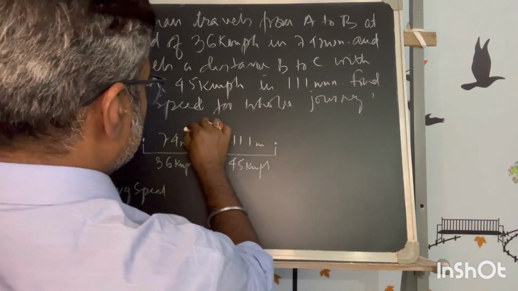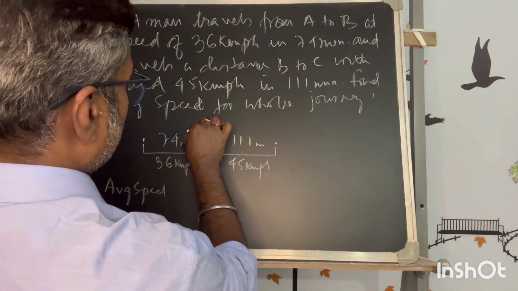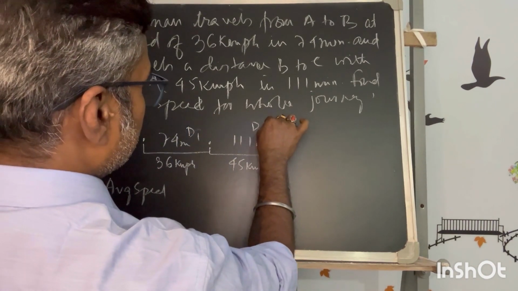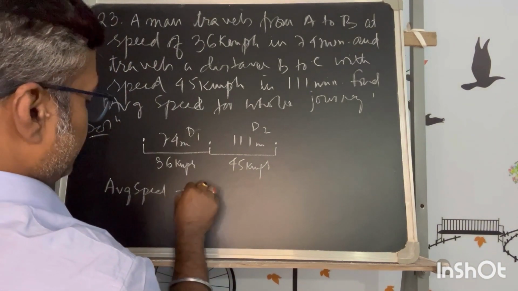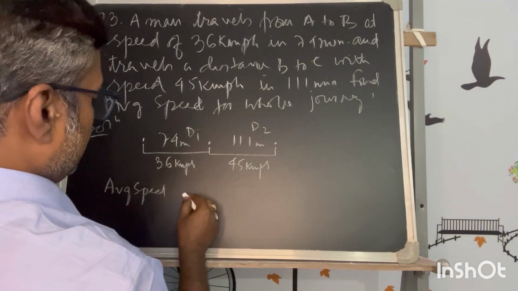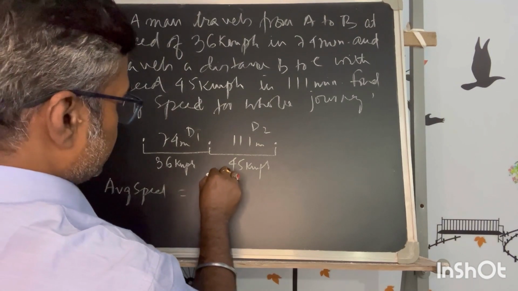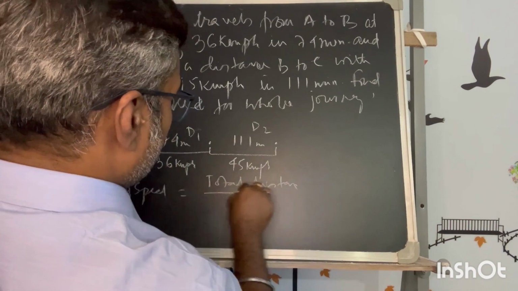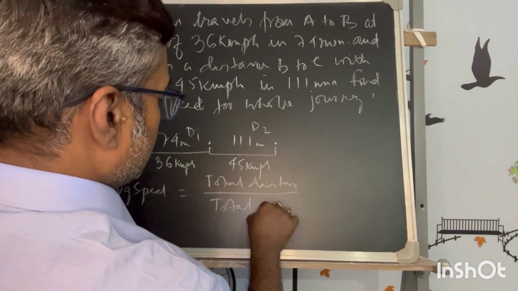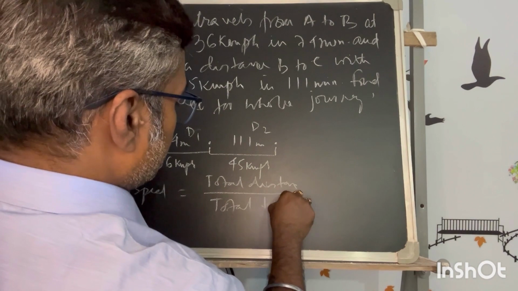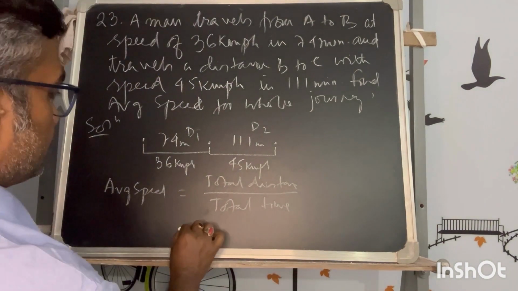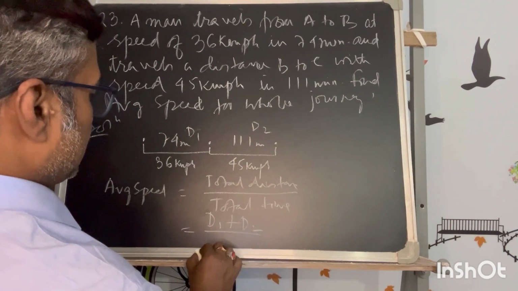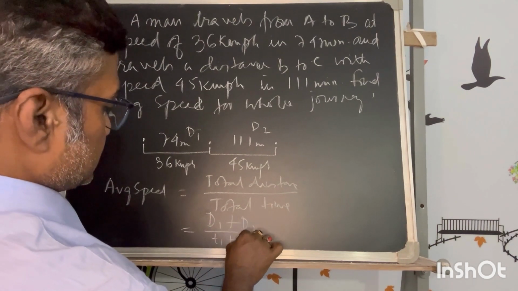Let's say this distance is d1, this is d2. The average speed would be total distance upon total time. This is the only formula for calculating average speed. The total distance is d1 plus d2 by total time t1 plus t2.